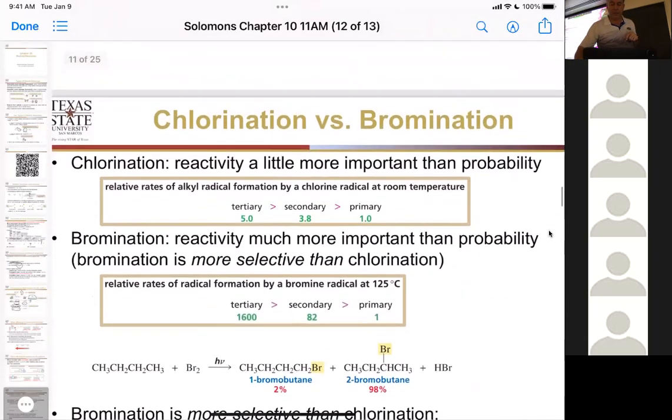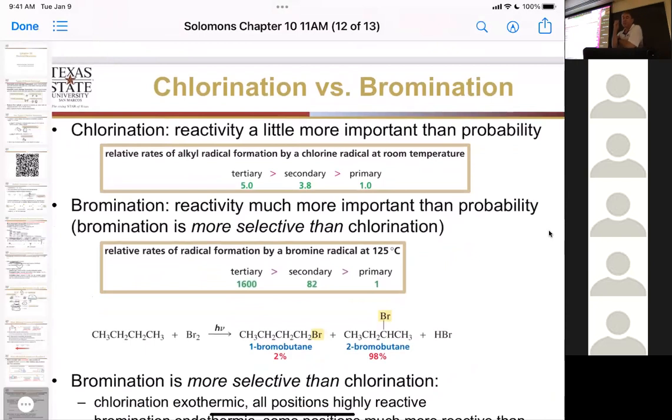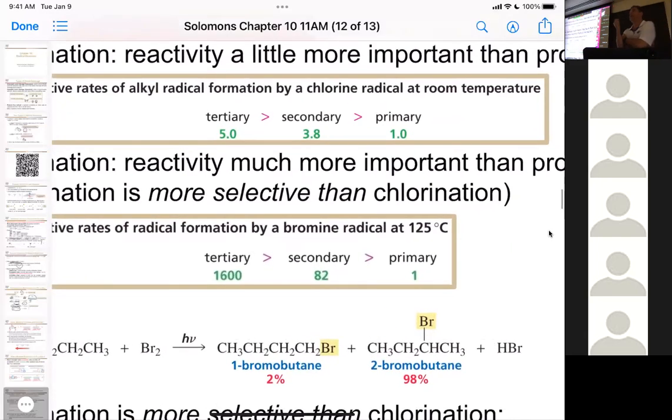Okay, so that was with chlorine. Bromine is even more selective about which one it's going to generate. The reactivity ratios for bromine are actually 1 to 82 to 1600. So that means bromine is more selective.